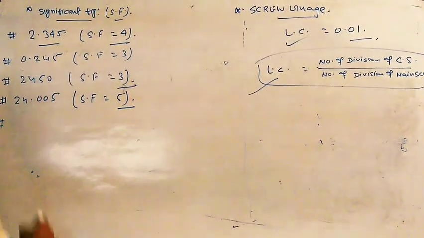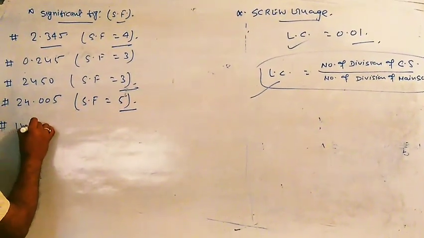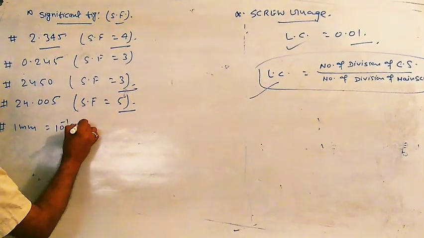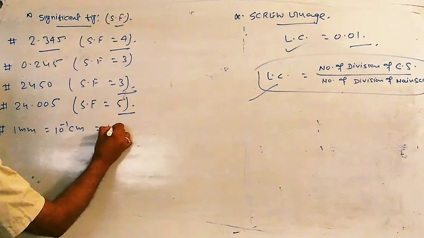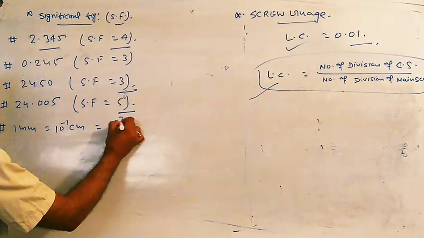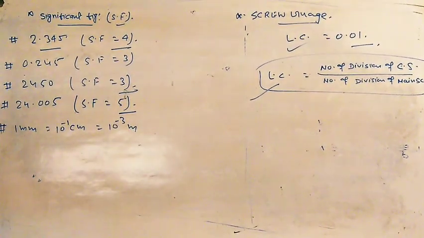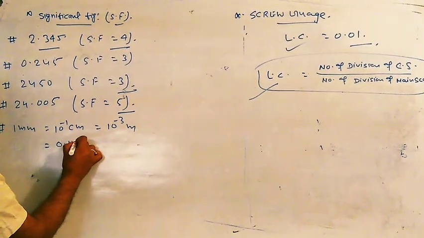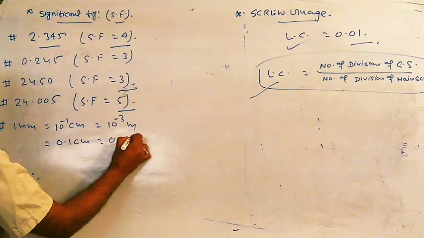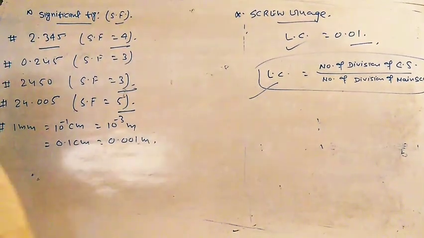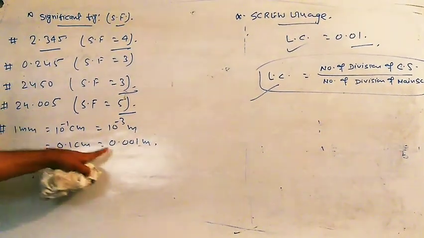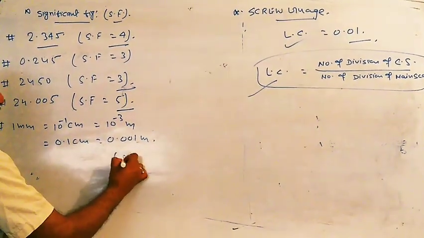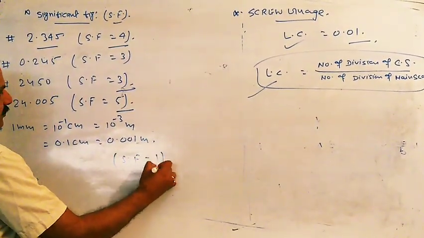Suppose that 1 mm. 1 mm means 1 by 10 cm means 10 power minus 1 cm. That is 10 power minus 3 meter. Means this is 0.001. Now according to this rule, all zero are not countable. So number of significant figure in this is 1.